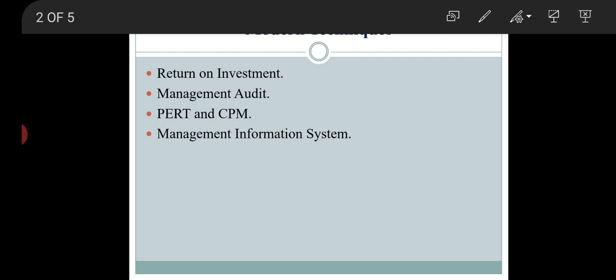Okay, so if you look at the diagram of the PERT network, there are some dotted lines which show the critical path. That means if these activities are not completed in time, the whole project will be delayed. Okay, so the objective of CPM is that if critical activities are delayed, it should not interrupt the path of other activities. That means the other regular activities should not be disturbed because of these critical activities.